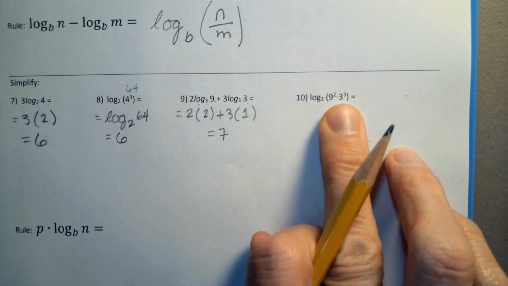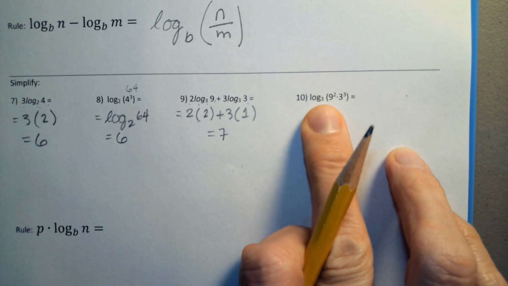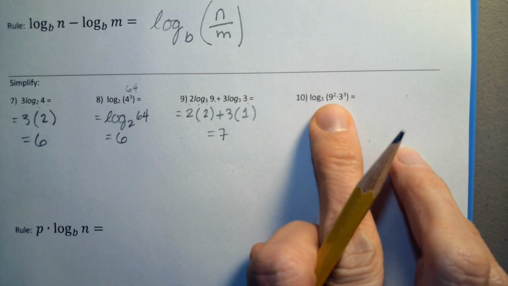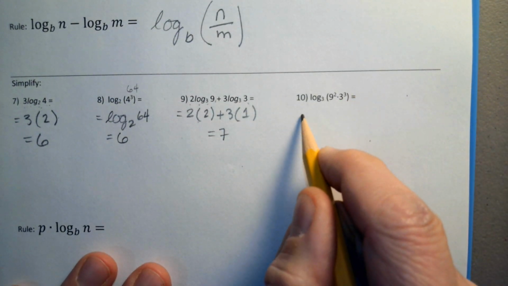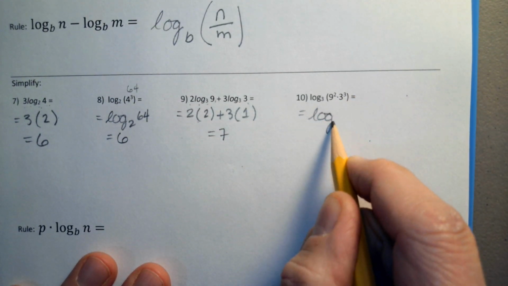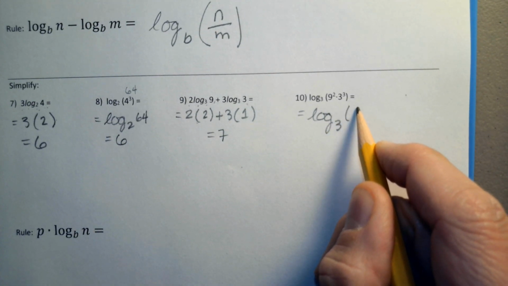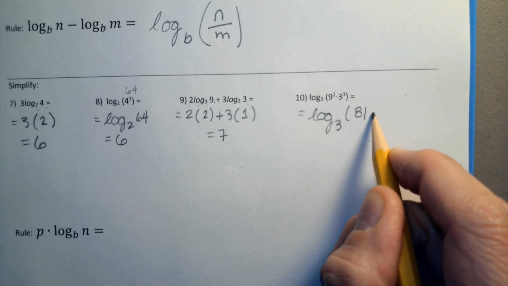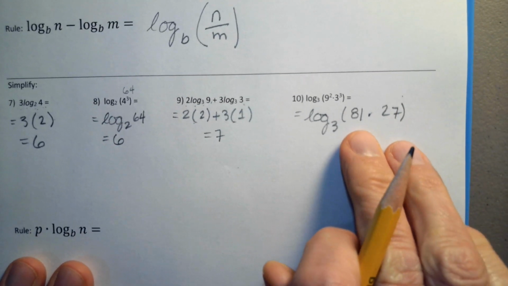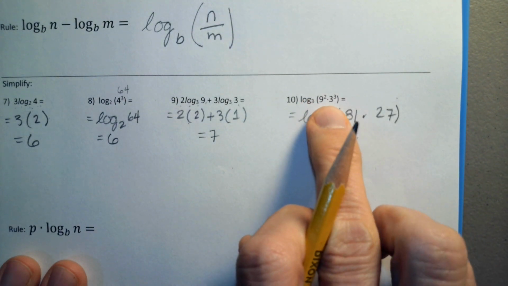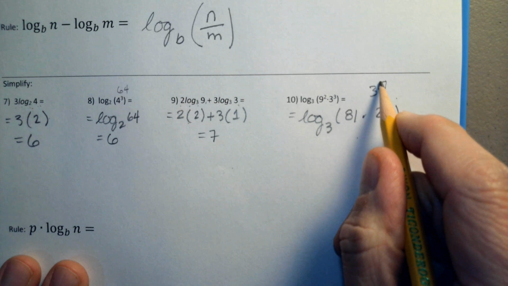All right, let's look at what's going on here. So we have log base 3 of 9 squared times 3 cubed. So that's the same as log base 3 of, if we want, 81 times 27. But I think it would be best if we think of these things together as 3 raised to some power.